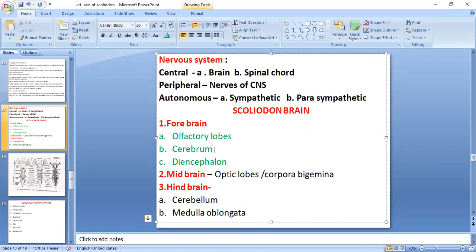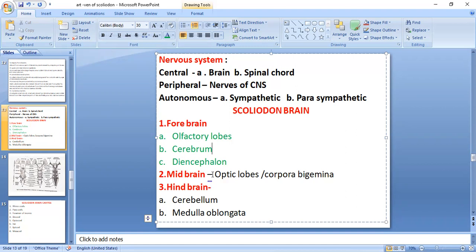Only in amphibia, reptilia, and aves are cerebral hemispheres present, and a central groove divides it into two equal halves. Olfactory lobe, cerebrum, and diencephalon are the parts of the forebrain. Learn it by heart, the basic idea.